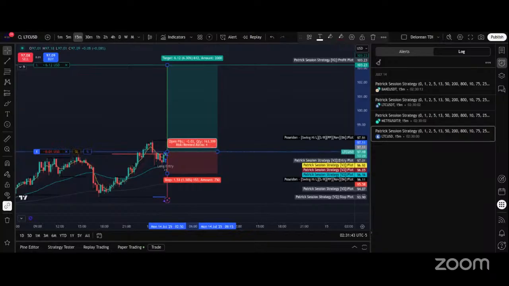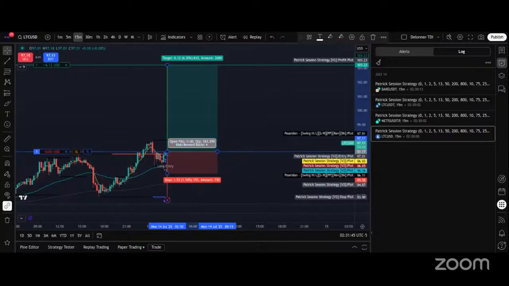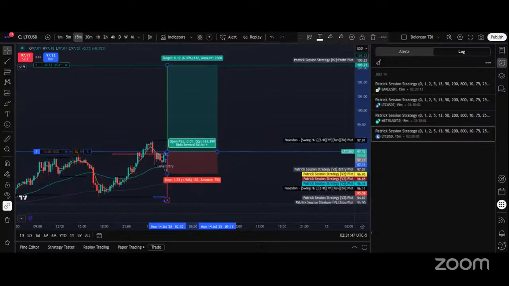Take profit is 103.23. That's going to be for 612 pips. Stop loss is going to be 95.58. That's going to be for 153 pips. And entry price is going to be 97.11.